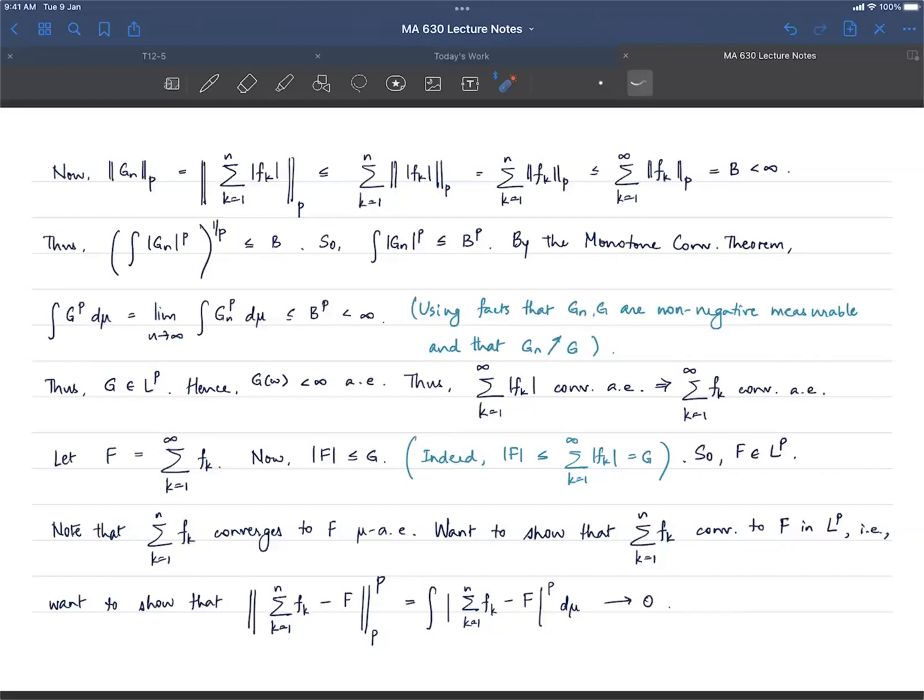Now let's keep the following facts in mind. Gn and g are non-negative measurable functions, and Gn increases to g. If Gn increases to g, what can you say about Gn to the p and g to the p?